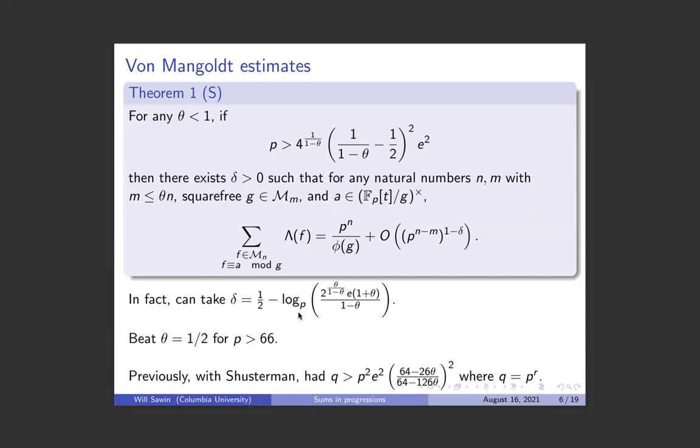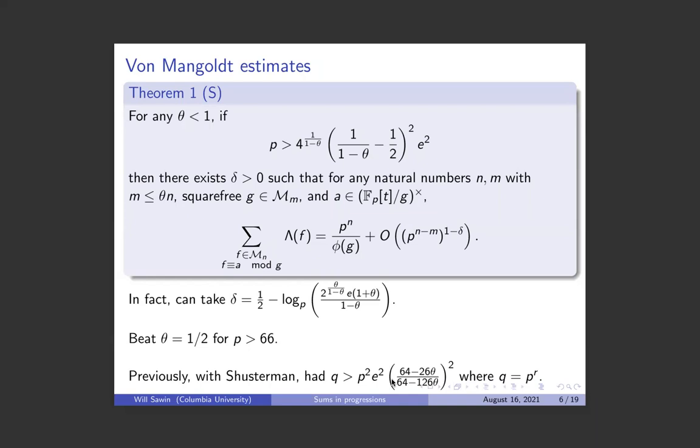A prior work I want to mention is an earlier joint work with Sawin, where we had a similar estimate on sums over arithmetic progressions of the von Mangoldt function. This was in the case of a finite field of prime power order, and we have this inequality involving P, which if you try it for any value of theta greater than 1/2, you'll see it's a worse inequality.